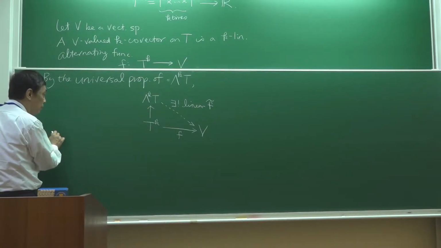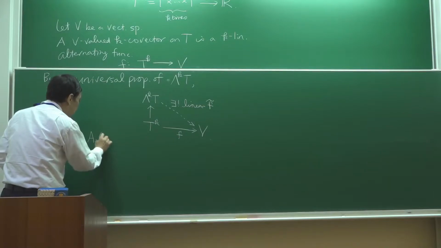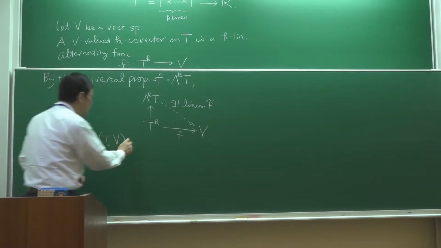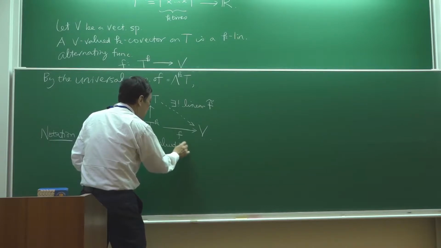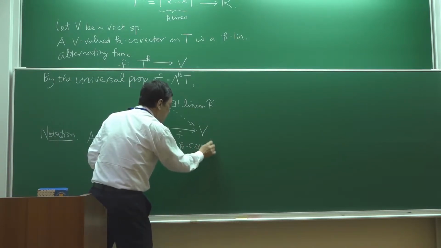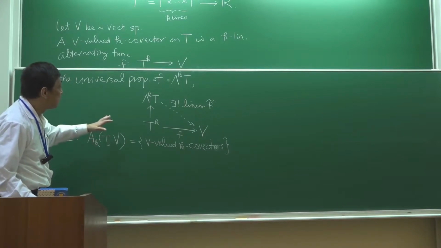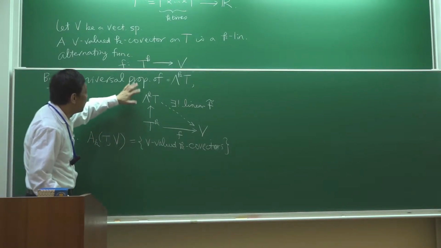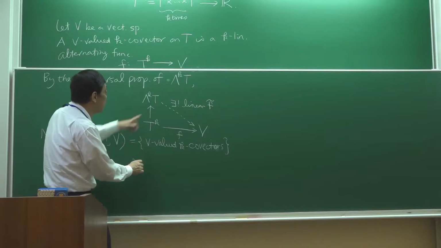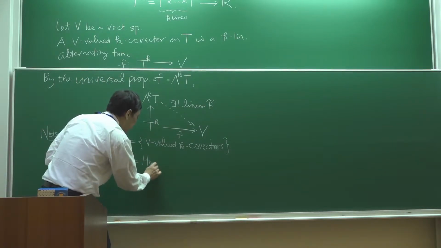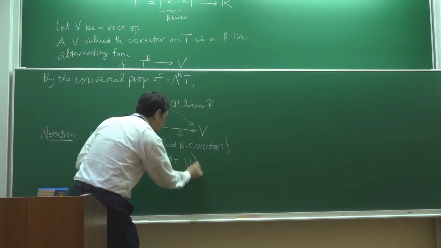So let's introduce some notation. A^k(T, V) denotes the V-valued k covectors, and by the universal property of the exterior power, this is isomorphic to linear homomorphisms from lambda^k T to V.